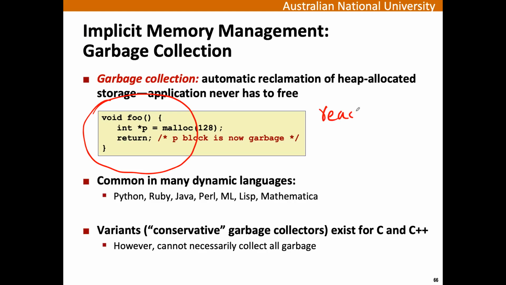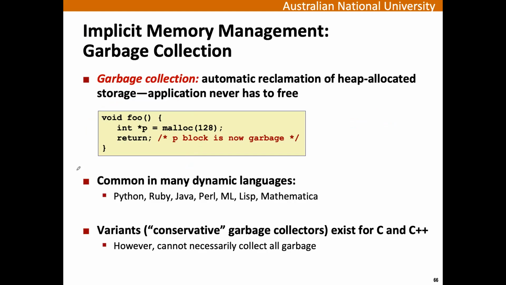Reachability, reachable. When you write functions and the function returns, anything you declared inside the function cannot be referenced from outside the function, right? Unless you have a global variable or something. So this is the kind of analysis the garbage collector does to figure out all the pointers that are no longer reachable.